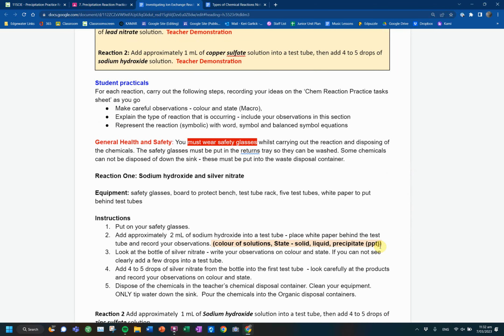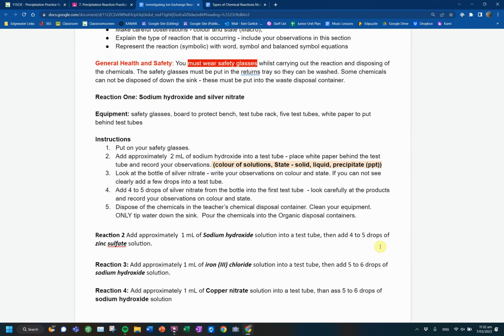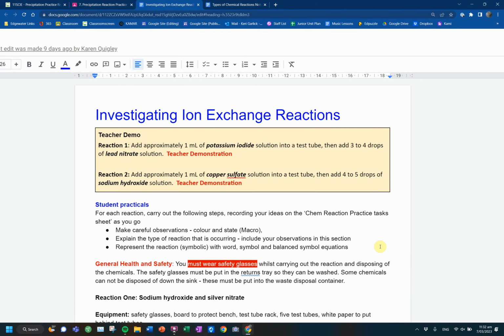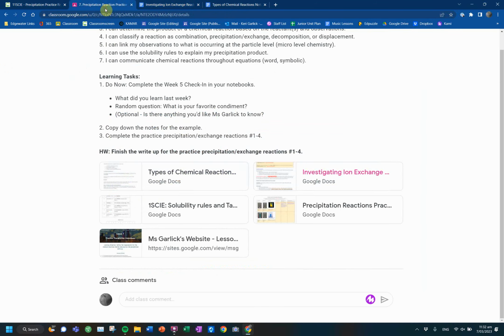There are a total of 6 different reactions in that document. 2 of them I will do as examples. So this is just FYI for what you are doing. It's just a general add a few drops of this, add a few drops of that, see if you have a precipitate or not. So that gives you an overview of each one of those reactions.